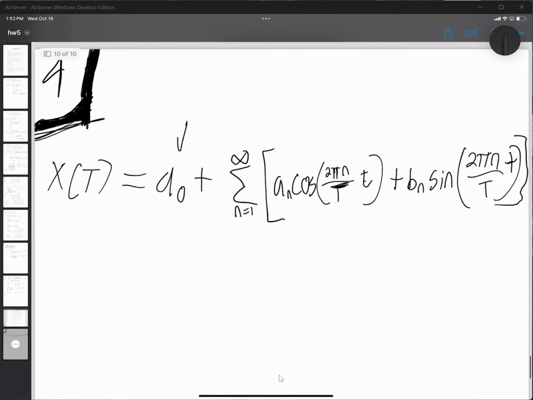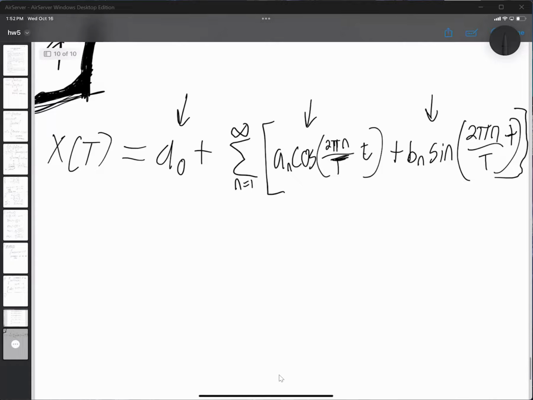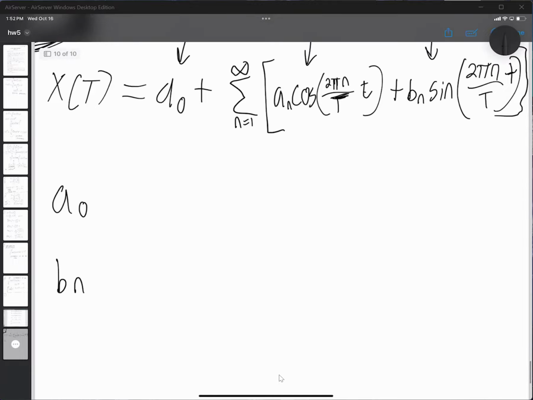A0, An, and Bn. Those three things are what we're going to solve for. We must solve for the first three terms.